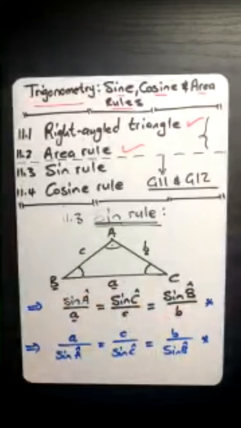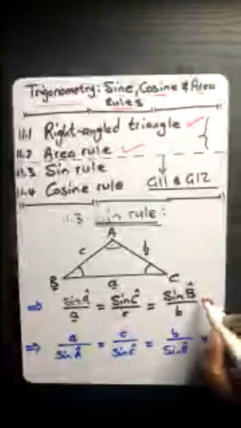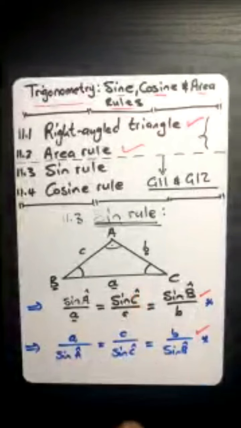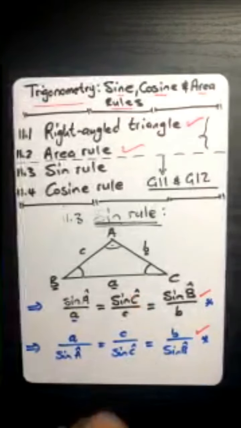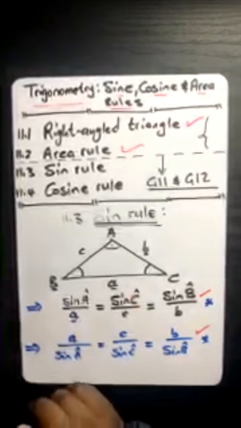It doesn't matter. So you can be smart in some questions by writing the formula like this or like that, depending on what the question was asking for you to calculate. I'm going to show you that trick in no time.